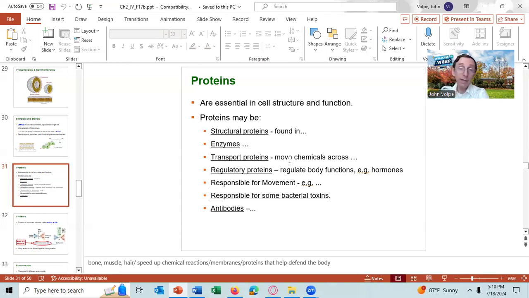And then there are proteins that are responsible for some bacterial toxins. Most exotoxins are a protein, and they are toxic. I can't think of one off the top of my head. I can think of several toxins, but I don't know off the top of my head if they are proteins or not.